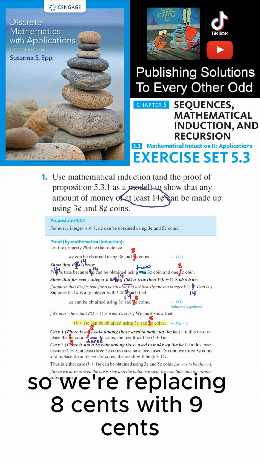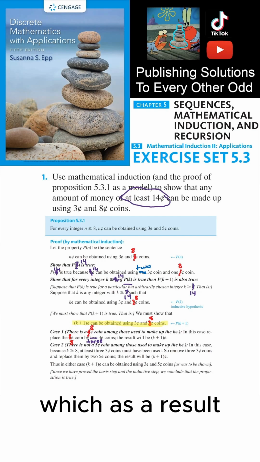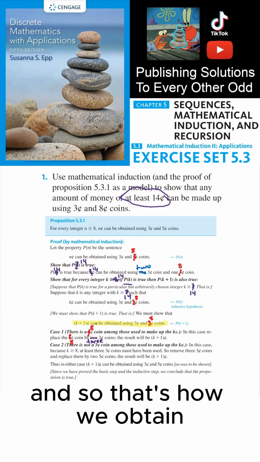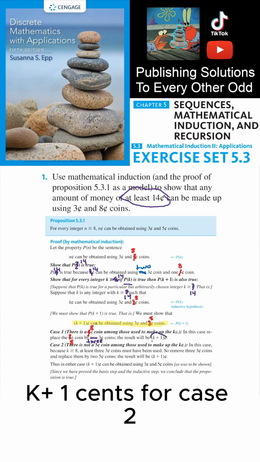So we're replacing 8 cents with 9 cents, which as a result increases the value by just 1 cent. And so that's how we obtain k plus 1 cents here.